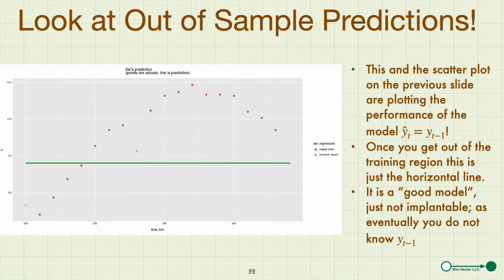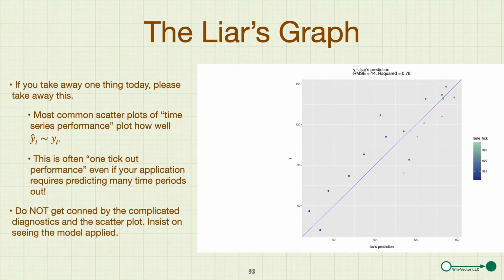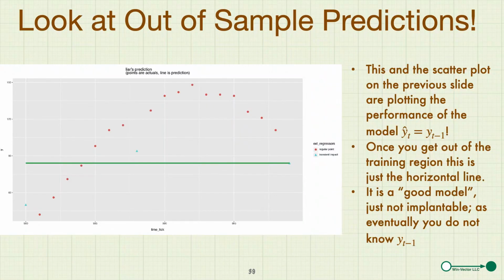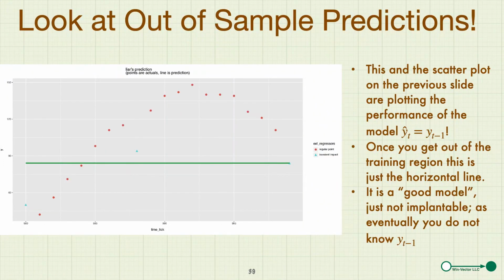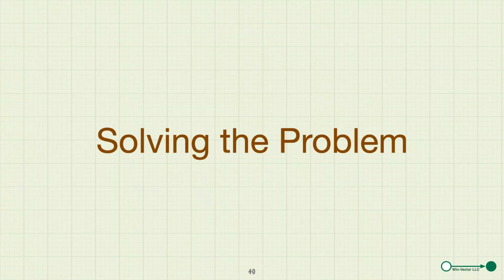So that prediction is just a constant, the green line. That green line is not a good prediction of that future. So this graph is always using the previous time tick, even though it's not known. This is using the most recent known time tick, which is always time 959. So be very careful in that evaluation. Always insist on a time-oriented out-of-sample graph.